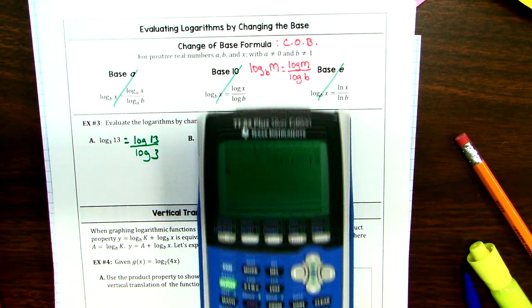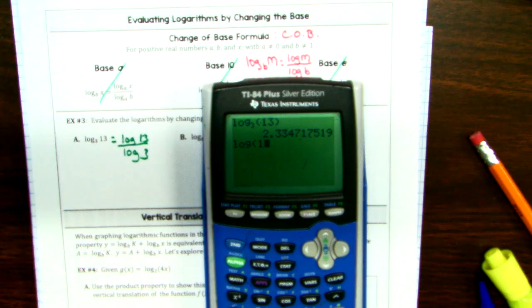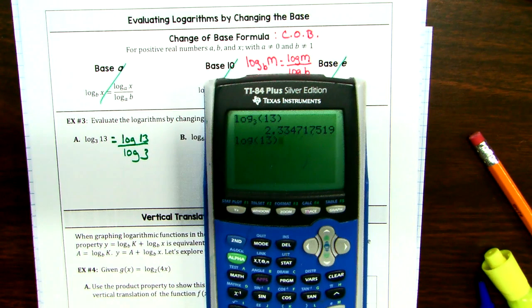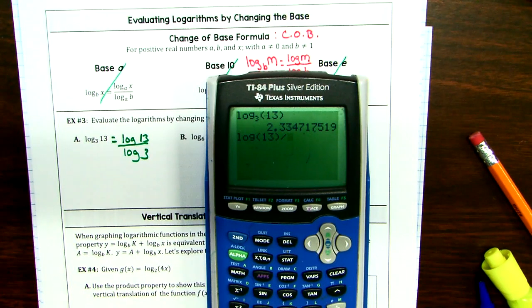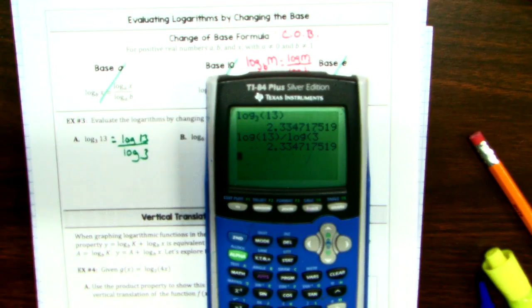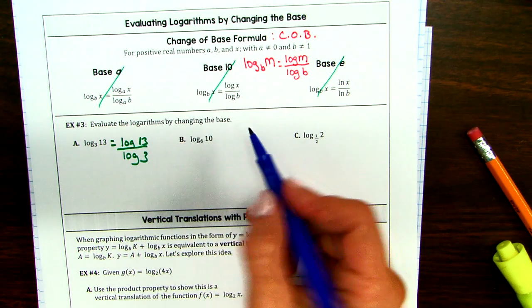And I'll show you, when I put this in my calculator, I will get the same answer. So that would be log 13, but you have to remember to close your parentheses, which a lot of people forget. Log 13 divided by log 3, enter, and you can see you get the same answer. Okay, I don't care which one you use, and don't worry about writing the answer. I know you guys can write a decimal.